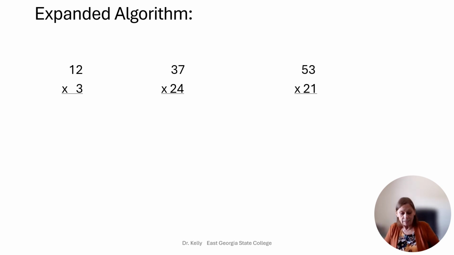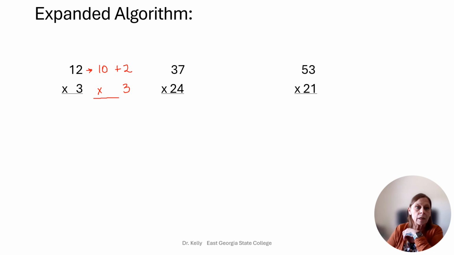Let's take a look at the expanded algorithm, okay? The way to do this is to rewrite your numbers as the sum of easier to handle numbers. And so for this first one here, we're going to rewrite 12 as 10 plus 2, and we're still going to multiply it by 3.